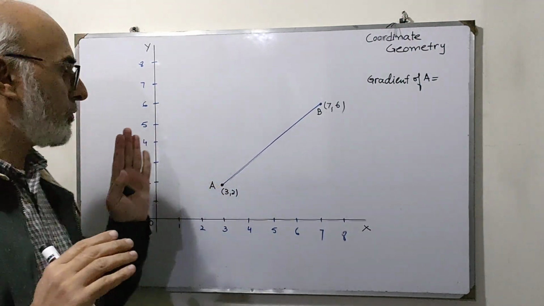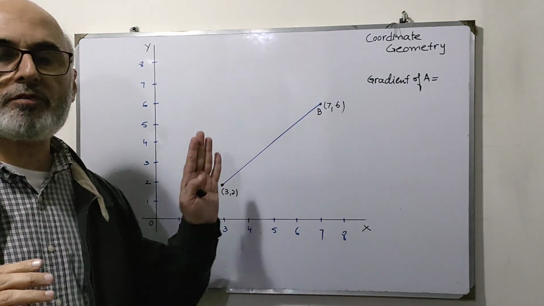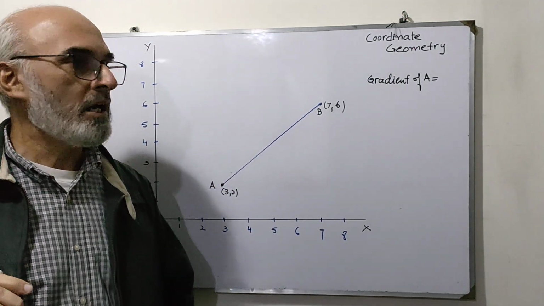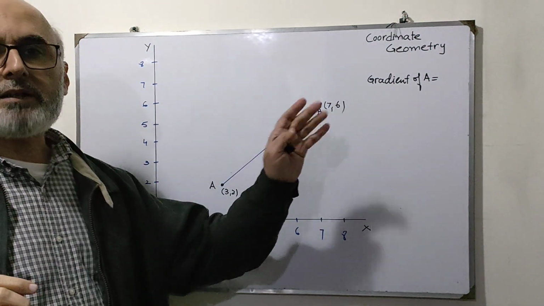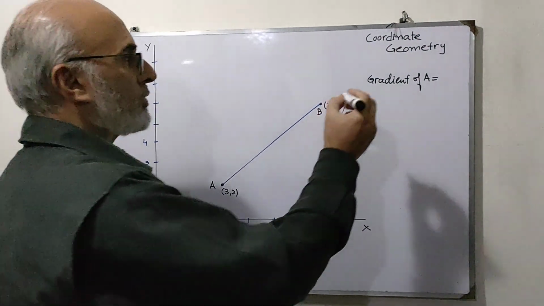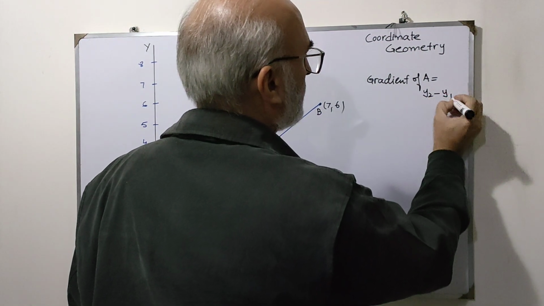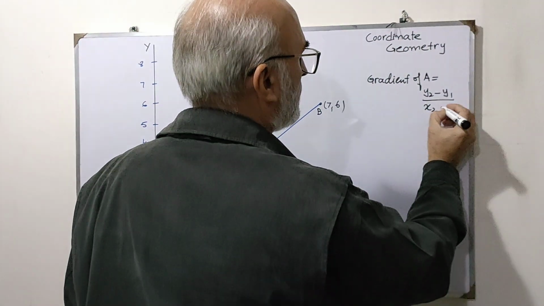We look at the line segment from left to right, and it's rise over run. So it's going to be y2 minus y1 over x2 minus x1.